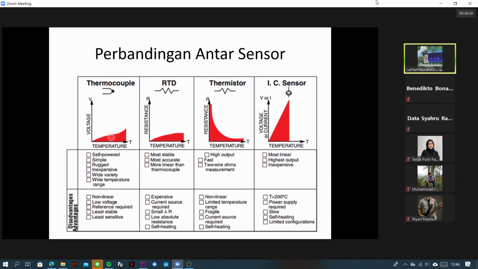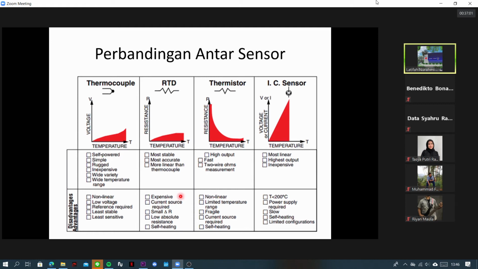So you can compare three of them. What is the difference between thermocouple, RTD, and thermistor? They have their own disadvantages and advantages. In thermocouple, low voltage, it is not that stable, least stable and least sensitive. In RTD, it is quite expensive.